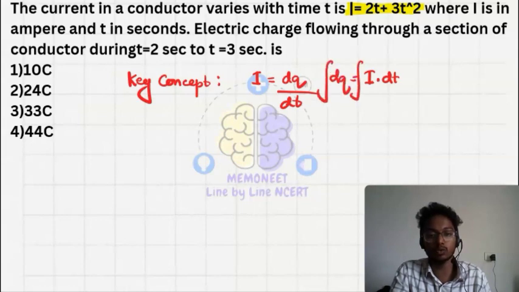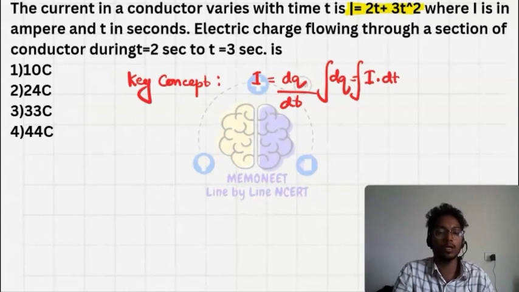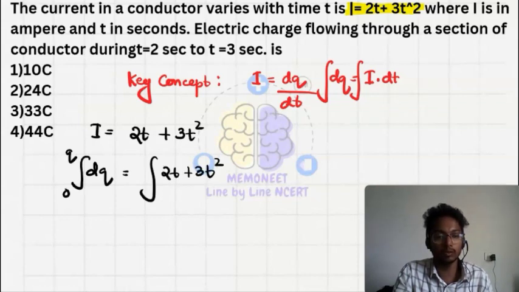On integrating these, we will get the value of charge. Now let's put it. I equals 2t plus 3t square, so integration of dq from 0 to q equals integration of I dt, that is, 2t plus 3t square dt.